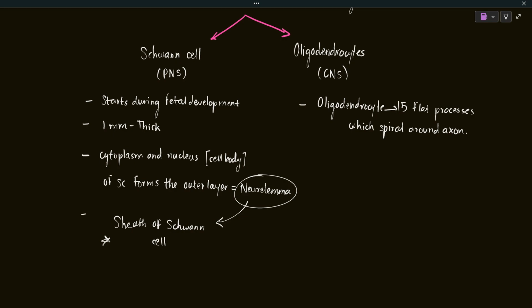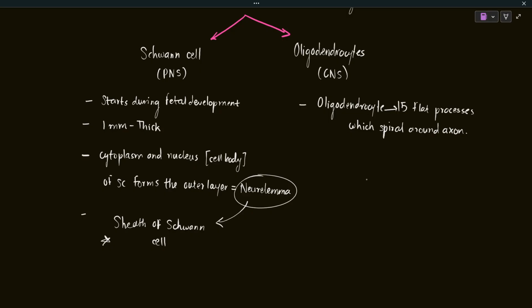On the other side, unlike Schwann cells, a single oligodendrocyte puts out processes which spiral around and wrap the axons. So a single oligodendrocyte can cover multiple axons in the central nervous system. This is the major difference between them.